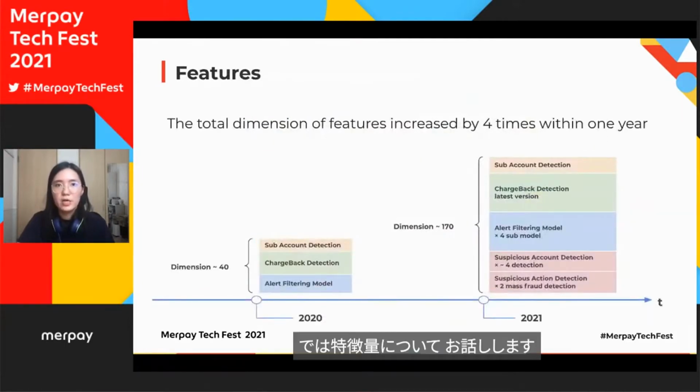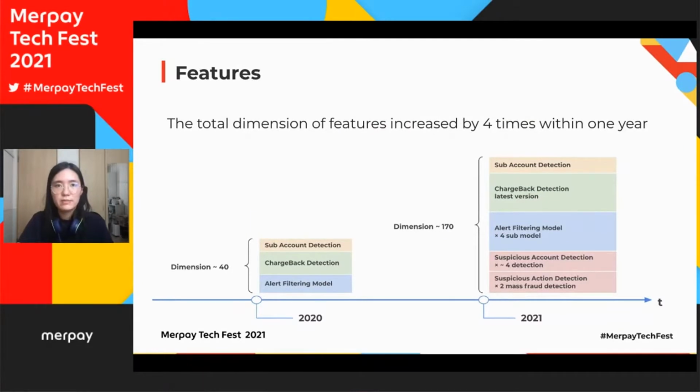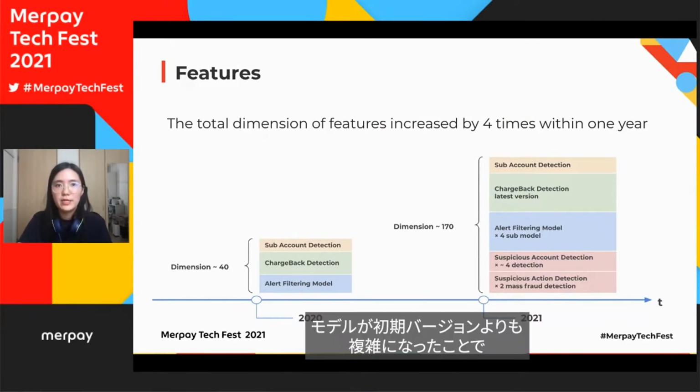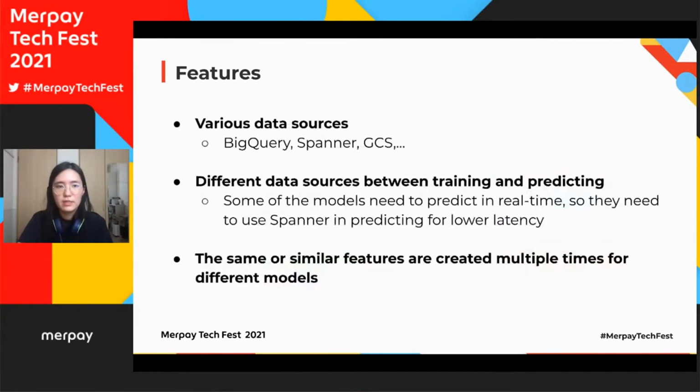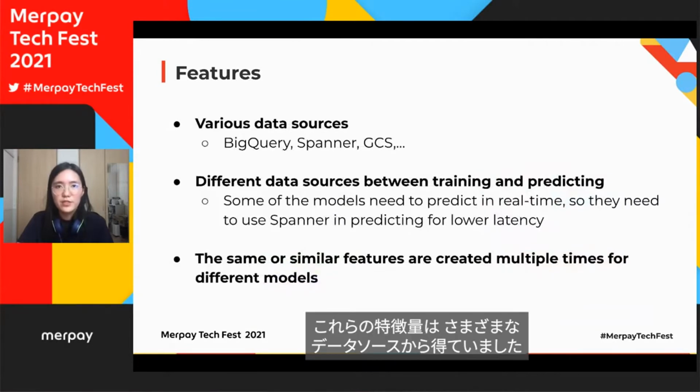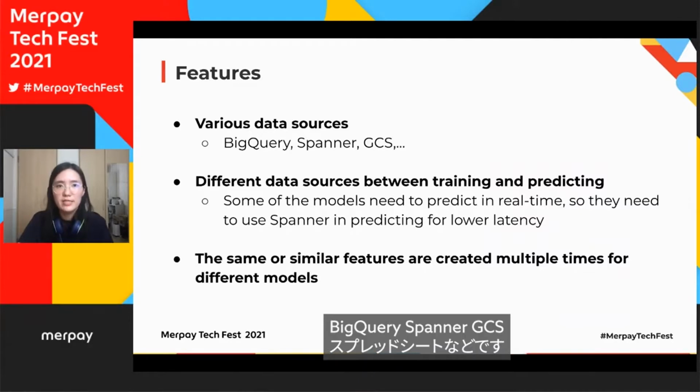So let's talk about features first. As the number of solutions grew and the model became more complex than the initial version, the total dimension of the features increased by 4 times within 1 year. These features come from various data sources, like BigQuery, Spanner, GCS, and even spreadsheets.